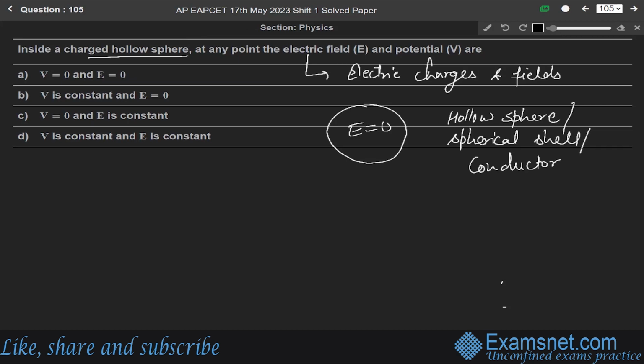So inside a charged hollow sphere the electric field is 0, and since we know that E is equal to minus delta V, and E is 0, V becomes constant. So the correct option is B, that is V is constant and E is 0.